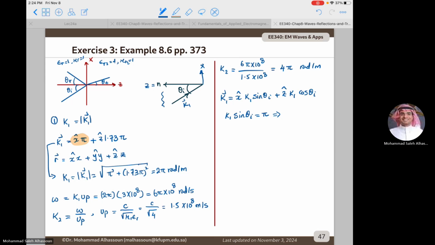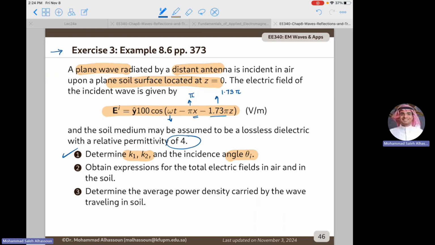Therefore, K1, which we computed as 2 pi, times sine theta I equals pi, which gives us sine theta I equals 1 over 2. Theta I will be pi over 6 or 30 degrees. Okay, so we're done with the first part.